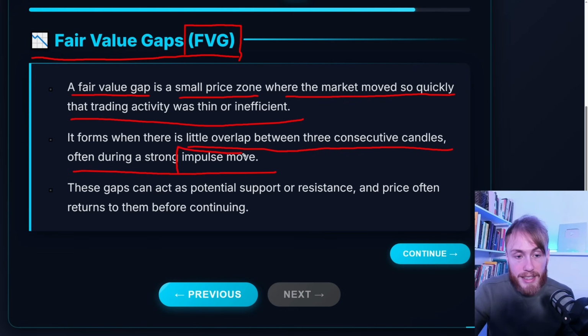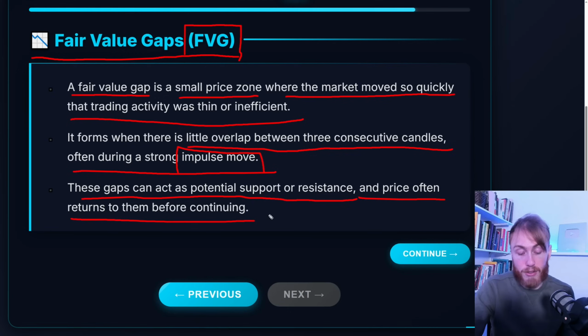This right here is yet another concept you will learn more about soon. But here, these gaps can act as potential support and resistance areas, or even supply and demand areas in the future. And price often returns to these levels, and they can work as zones where you can find entries.